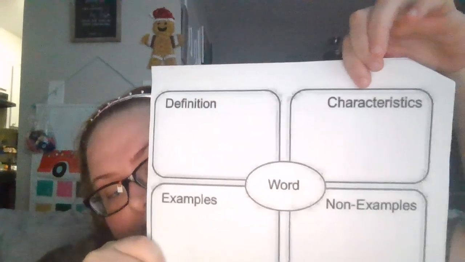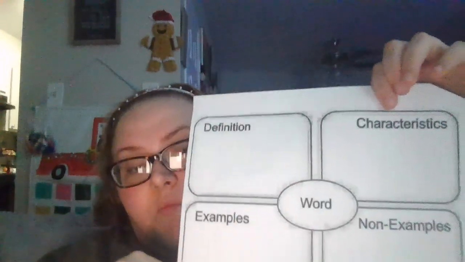And then also, we will be making a Frayer model for main idea, where we can find the definition and just find examples to help us move along with that. Then once we are done with that, I'm going to go ahead and start teaching them.